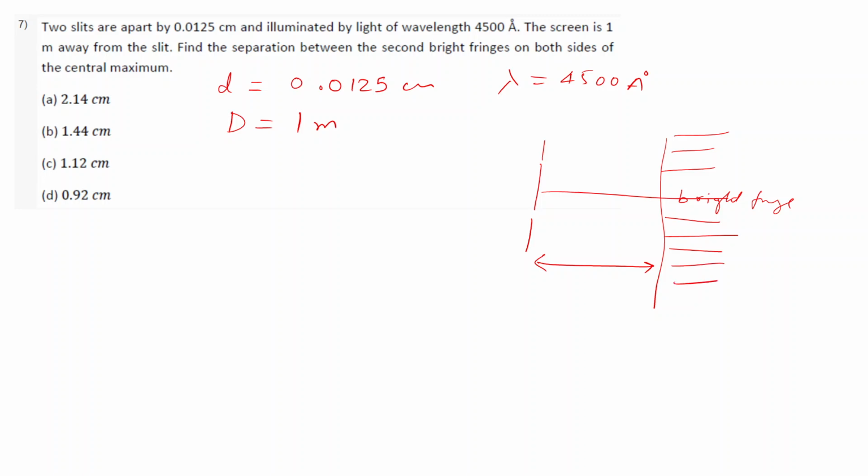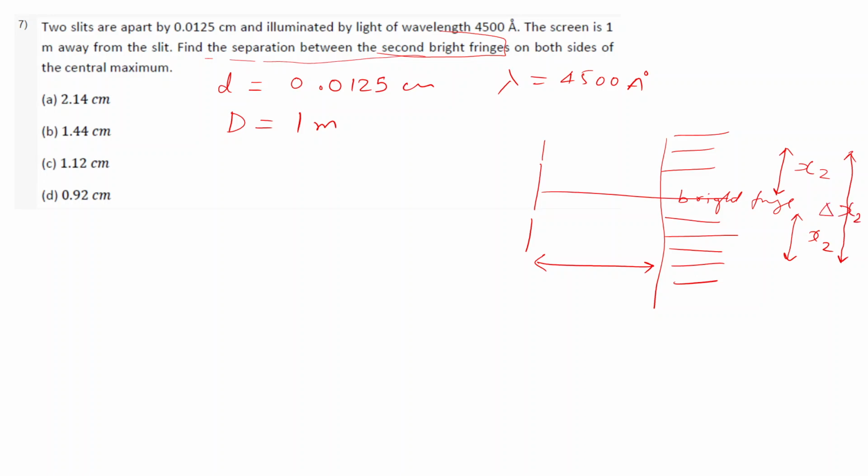In the earlier question, we were taking the positions from the central point to a particular dark fringe. Here we have been asked to find the separation between the second bright fringe on both sides. So if this distance is the second bright fringe, that means x2, then on this side also it will be the same x2. So the total distance between these two, we need to find.